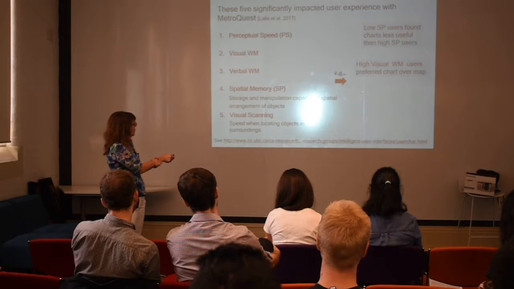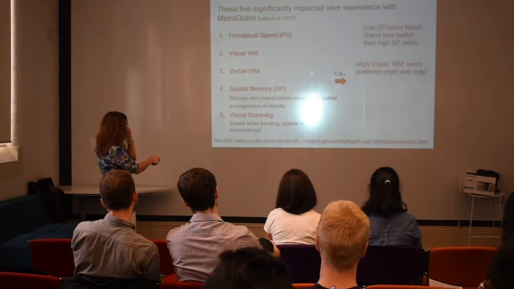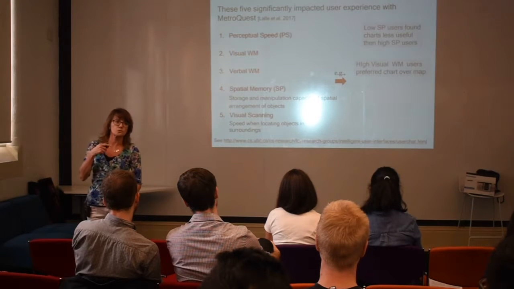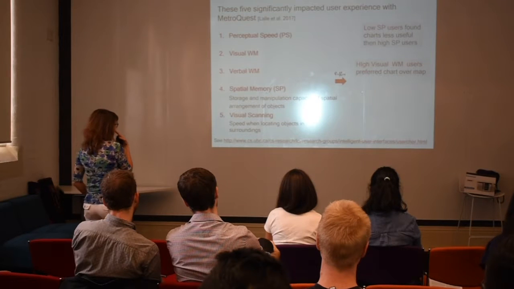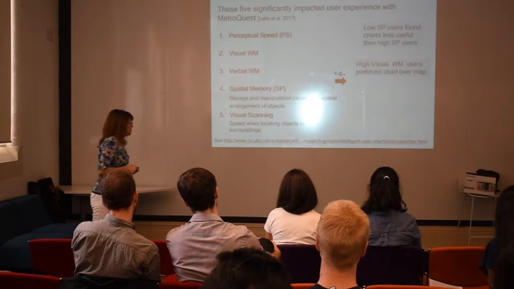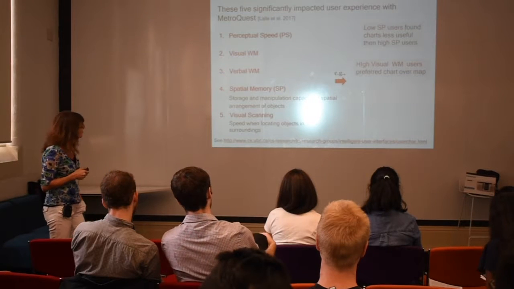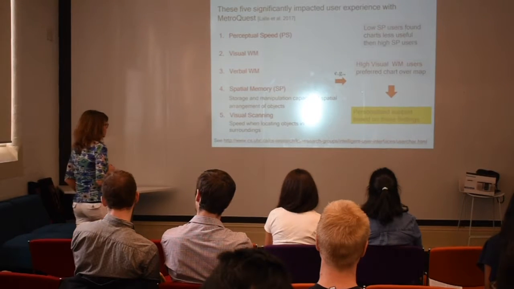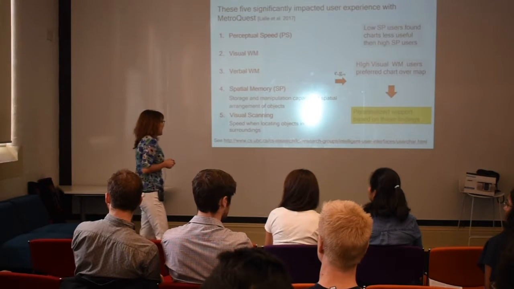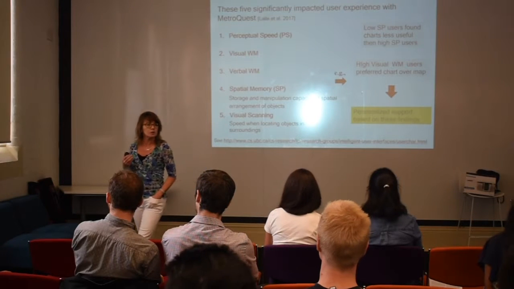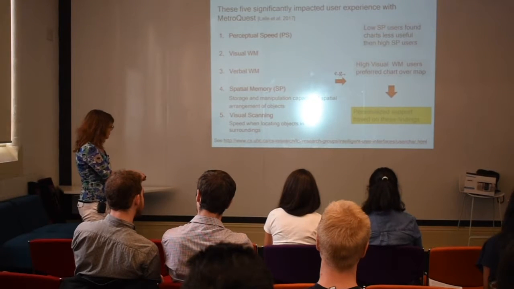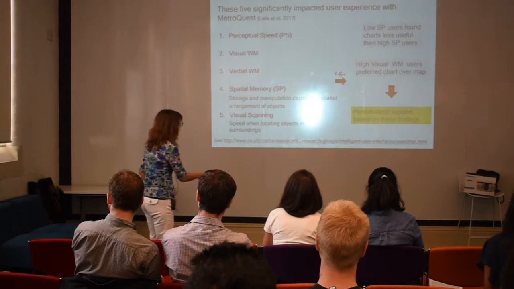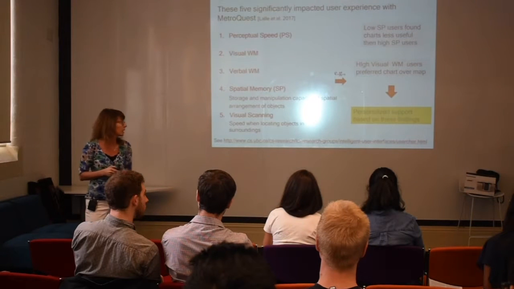Users with low spatial memory found the charts less useful than users with high levels of this ability, and users with high levels of visual memory preferred the charts over the maps. Okay? As before, the fact that we found this impact led us to believe that it's important. These are two abilities that might be useful as the focus of personalization. Okay?